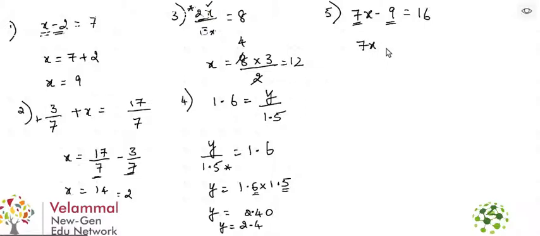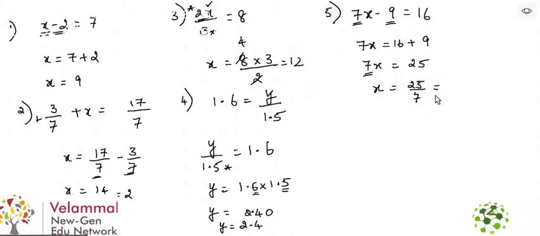How will minus 9 go to the right hand side? Yes, plus 9. And what is 16 plus 9? 25. I want the value of x, so I don't want this 7. What will happen to this 7 if it goes to the right hand side? Yes, it is in multiplication, so it will go in division. So the answer is 25 by 7.